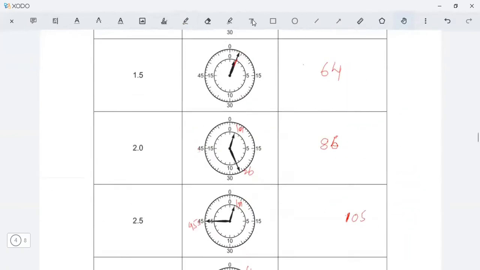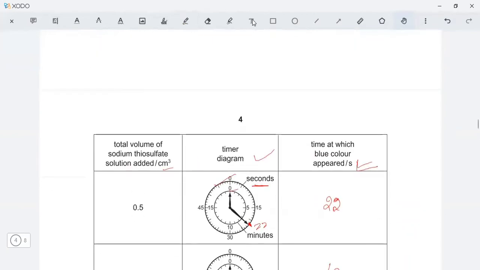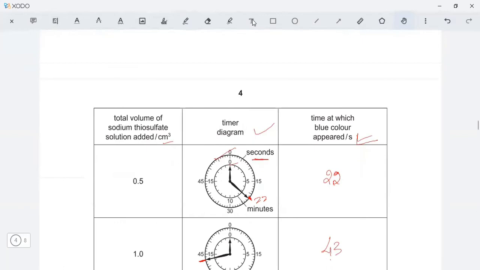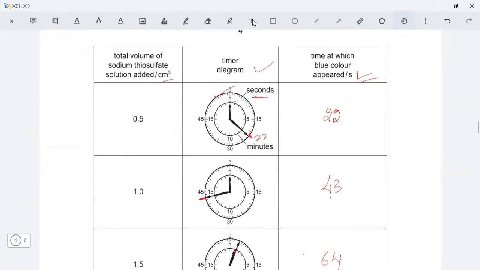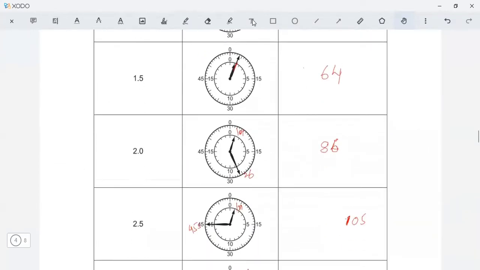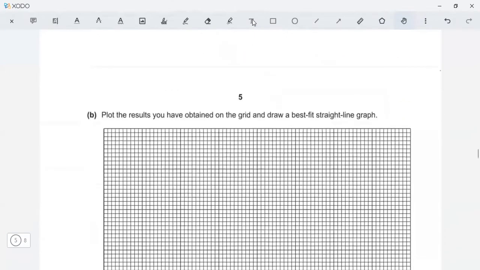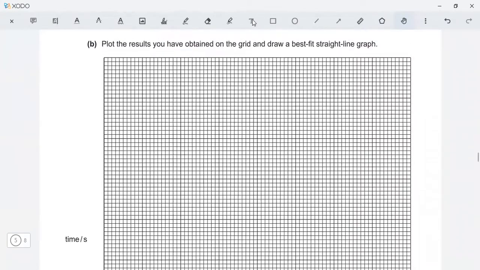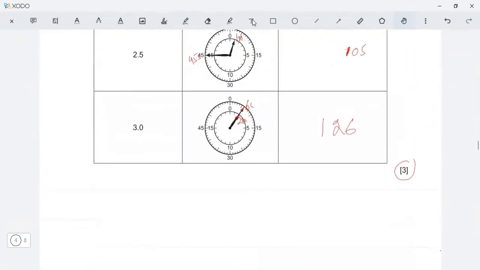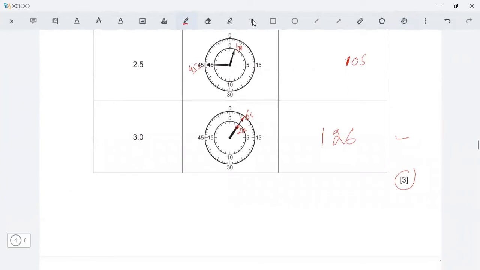Now, by using the total volume of sodium thiosulfate and the time at which the blue color appeared, we have to use these for this graph. Okay, B: plot the results you have obtained on the grid and draw the best fit straight line graph. So basically the total time we got is about 126 seconds, right?